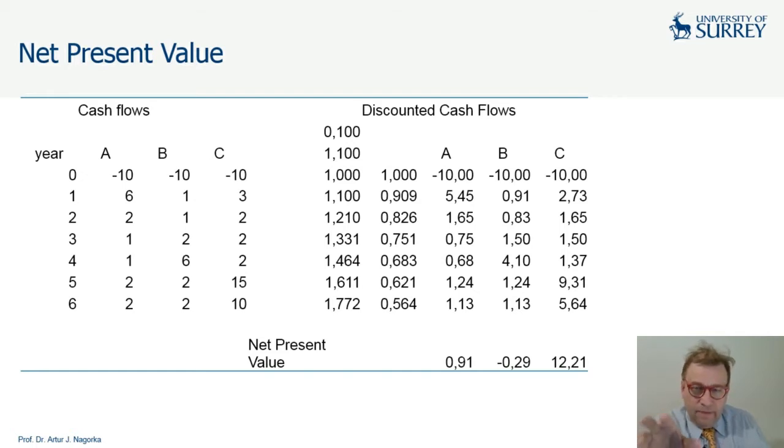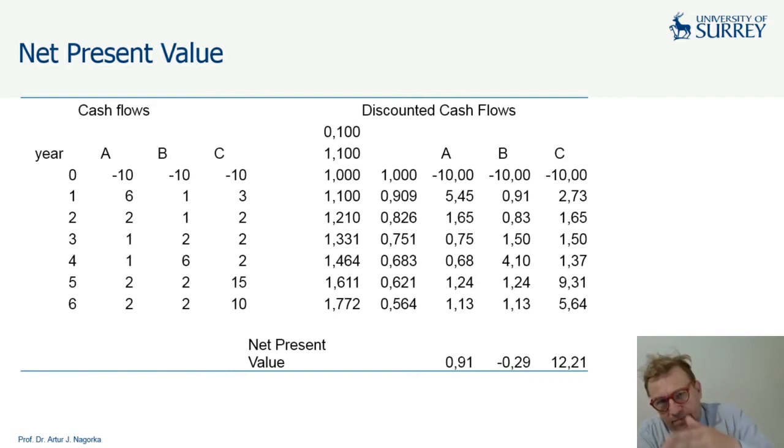So, looking at these columns, we can see that the discounted yearly flows are worth less in contemporary, present-day money. But then, as you remember this formula, now we add up everything in discounted cash flows for project A in column A. So we add up minus 10 plus 5.45 plus 1.65 and so on, and we arrive at the sum of 0.91.